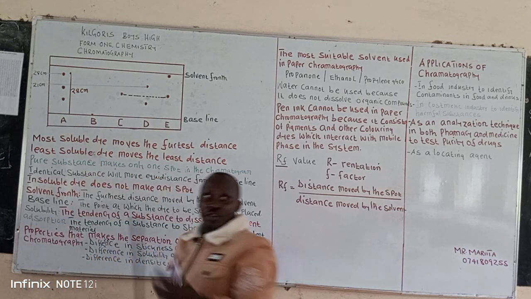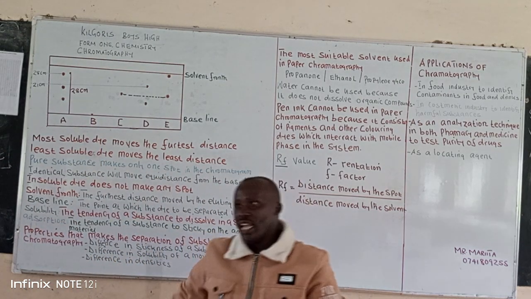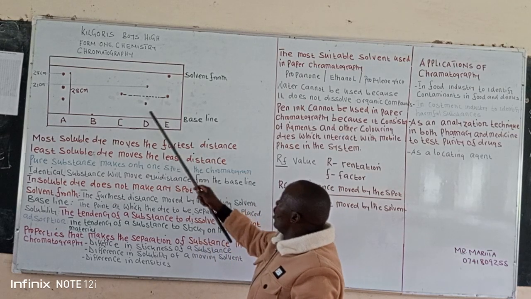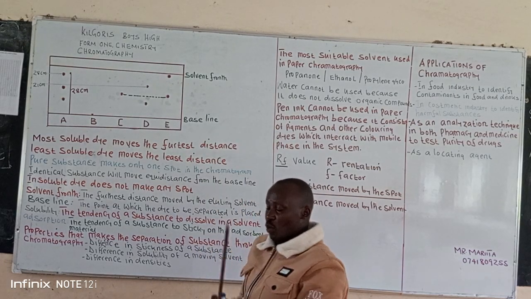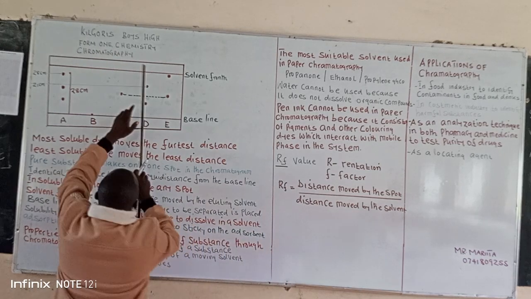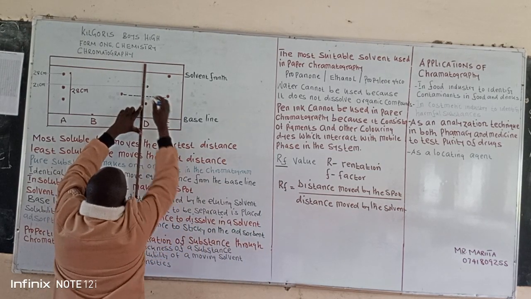Then we have the distance moved by the spot. In my case here, I have picked spot D, which has moved a distance of 21 centimeters.